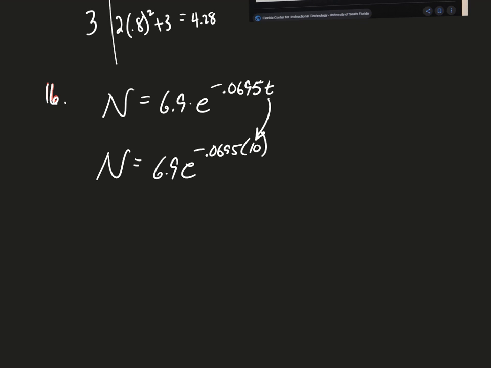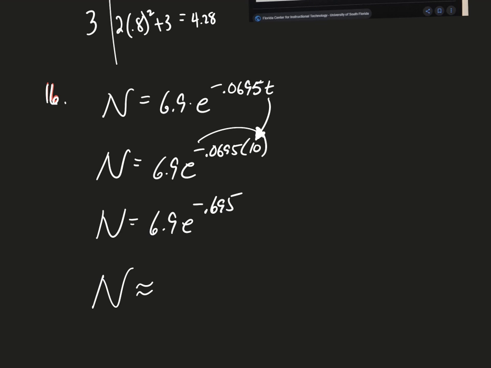All right, so they want us to replace the T with 10 minutes and then just simply punch out the math. We could multiply these two numbers together. So we'd end up with negative 0.695. And then we could enter this into our calculator to get the approximate amount of nitrogen 13.